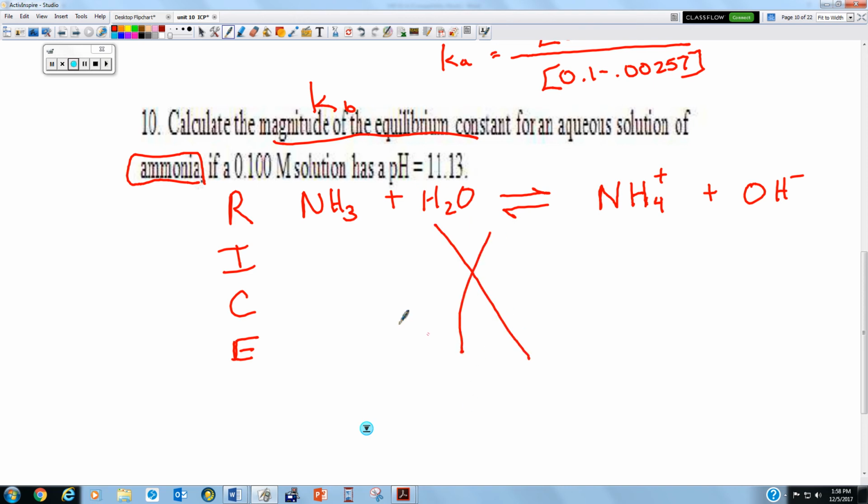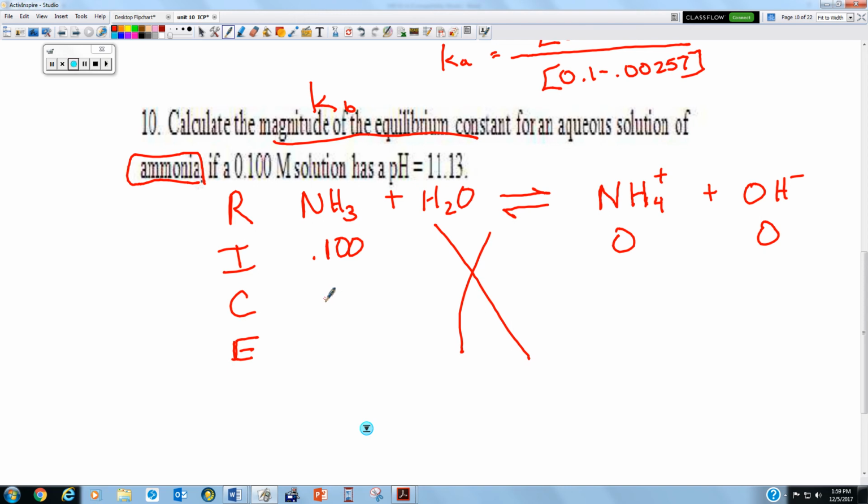All right. Water doesn't matter in the reaction, so my initial concentration of ammonia is 0.100. My initial concentration of ammonium, 0. My initial concentration of hydroxide, 0. What is the change?